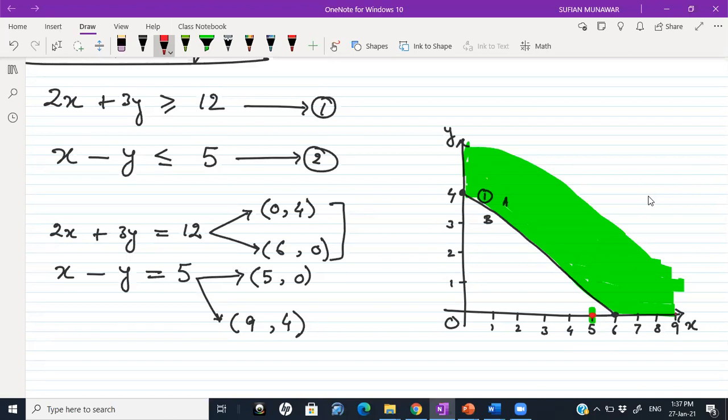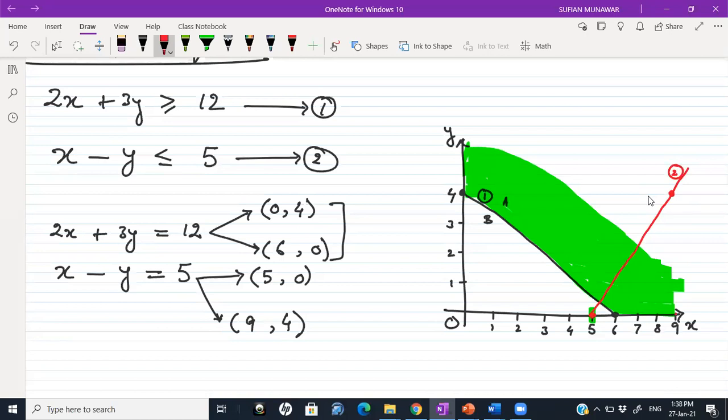Okay, 9 is here and 4 is here. Now we join both points with the help of a straight line. Yes, this is the second line that we have.